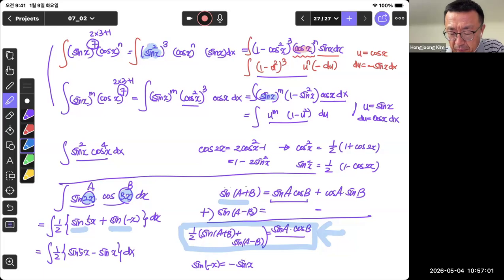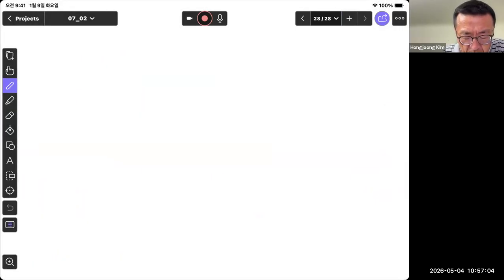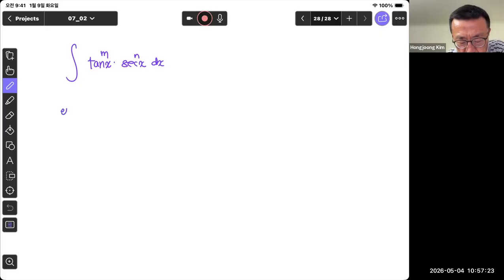And if you have the integral of tangent and secant x, then depending on the situation, for example, if you have, say, secant x to the fourth dx, in this situation, that was the first case, then what should I do?